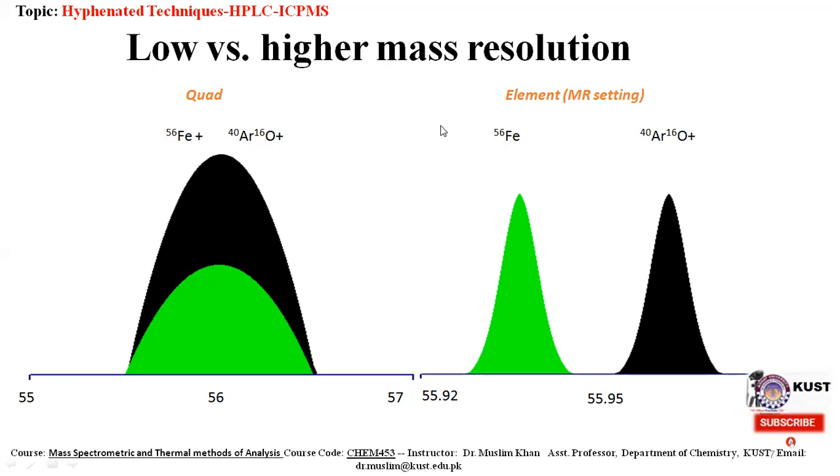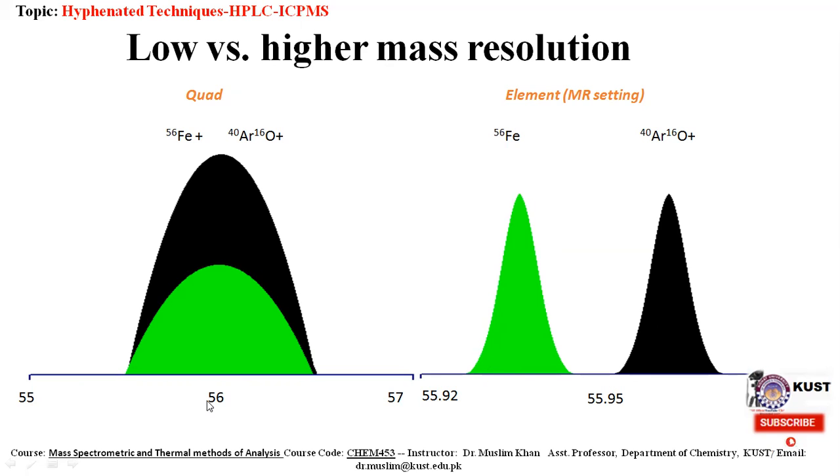This is a quadrupole mass analyzer. With a high resolution, you can differentiate. Iron is 55.92, while this is 55.95. If your mass analyzer can differentiate up to this level, then iron has a different signal, 55.92, and this is 55.95.